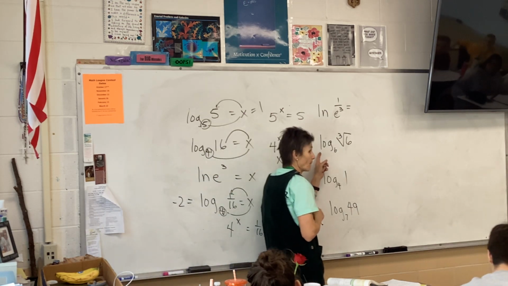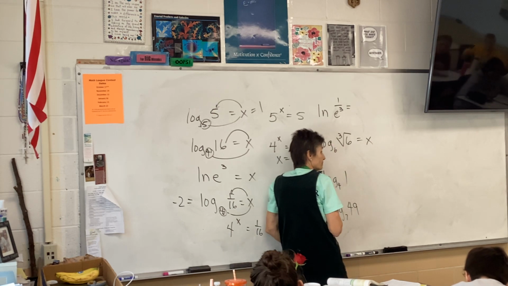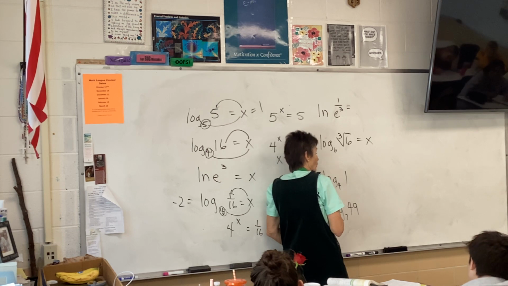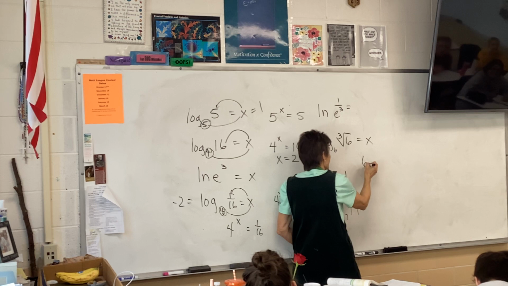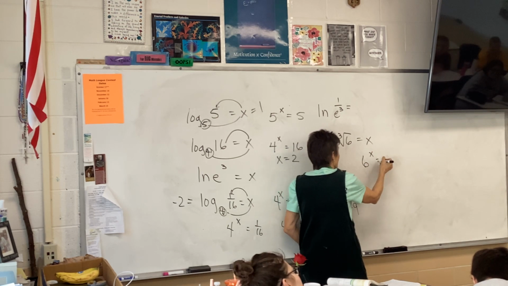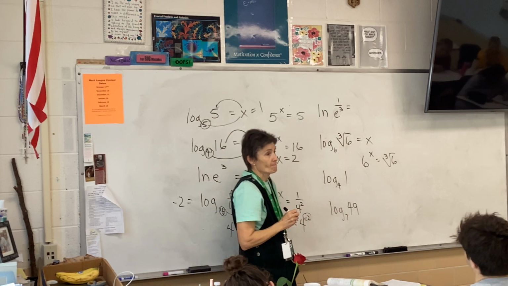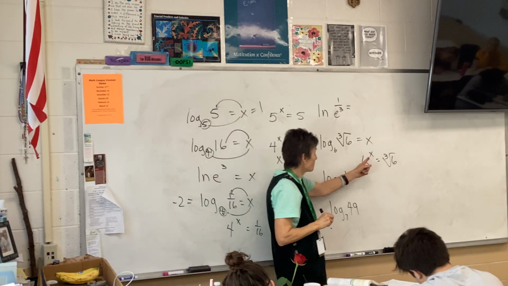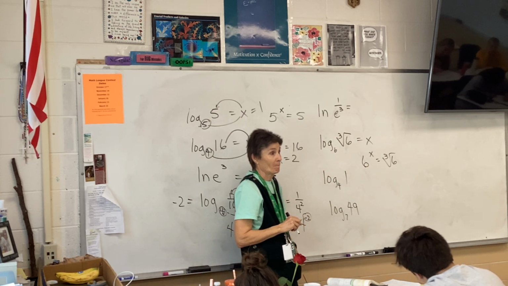Let's try this one. Scary. Not for us. Let's log roll it, as Mr. Miller used to say. How's this roll? 6 to the x equals the cube root of 6. Now wait a second. What power is a cube root? Not 3.